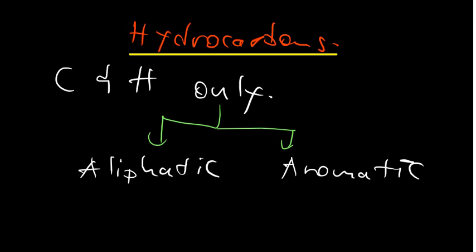Those are referred to as aliphatic, then aromatic will be round ones. Are there any questions so far before I move on to a different part?